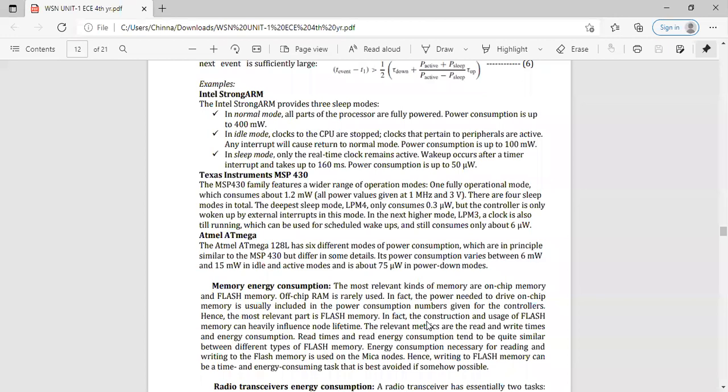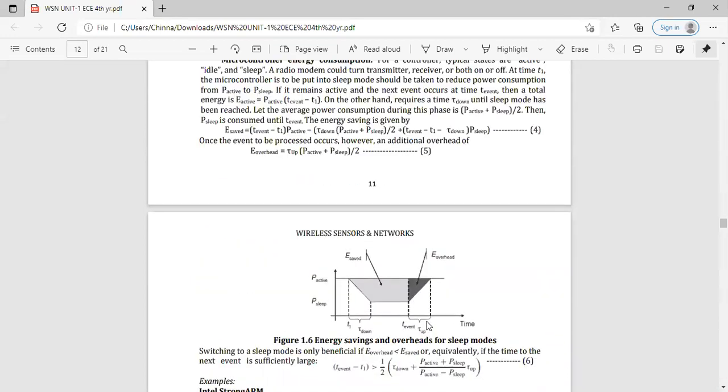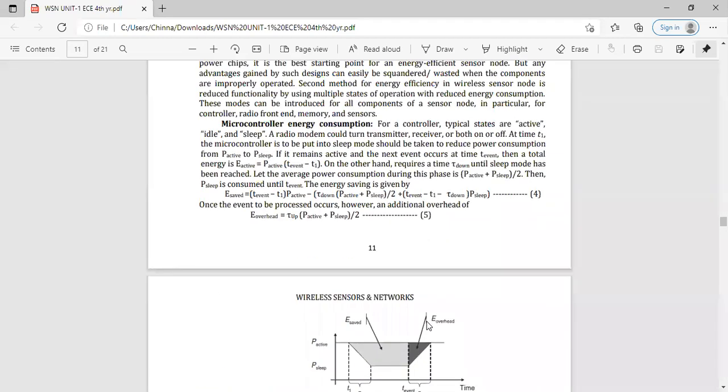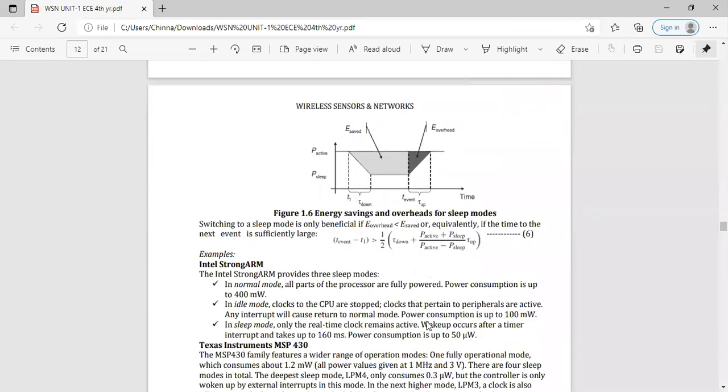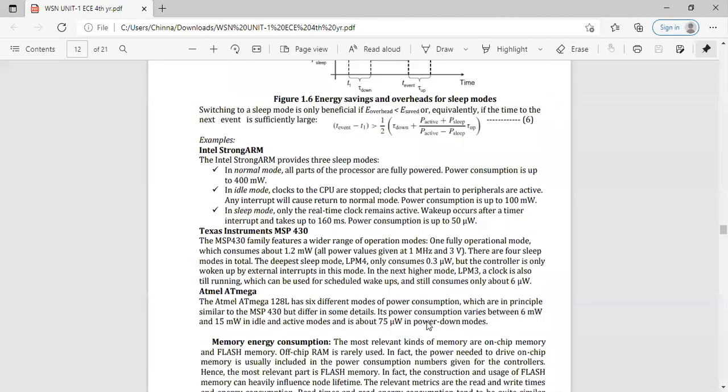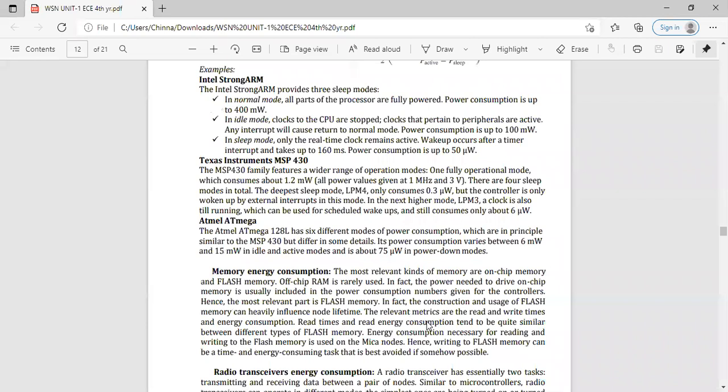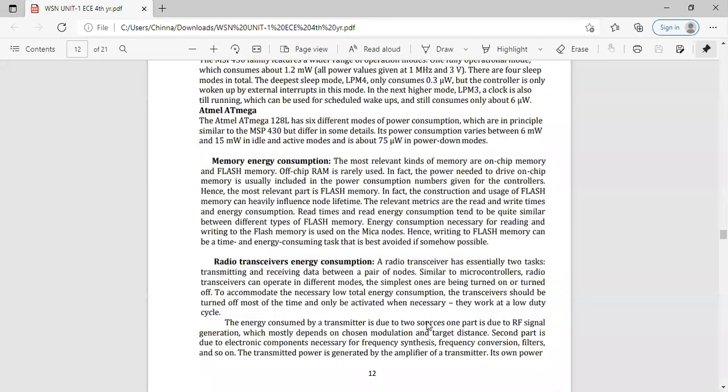And coming to the memory energy consumption, these were the microcontroller power consumptions. Whenever the sleep modes are initiated, we consider some examples, and discuss how much power will be consumed. So coming to the memory energy consumption, it is also very important.